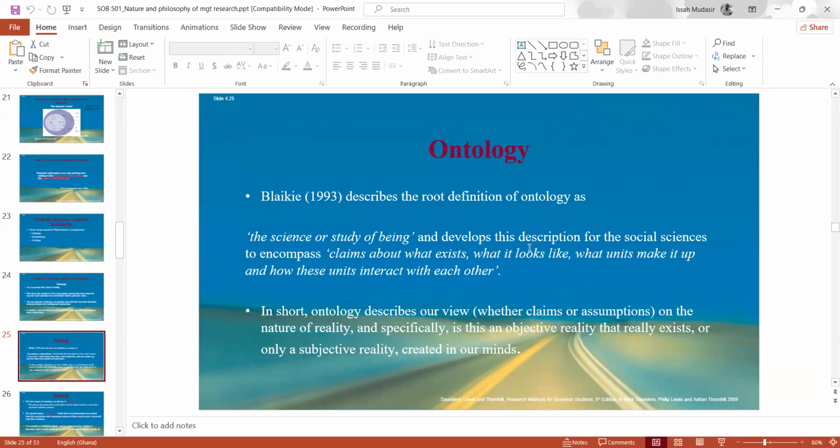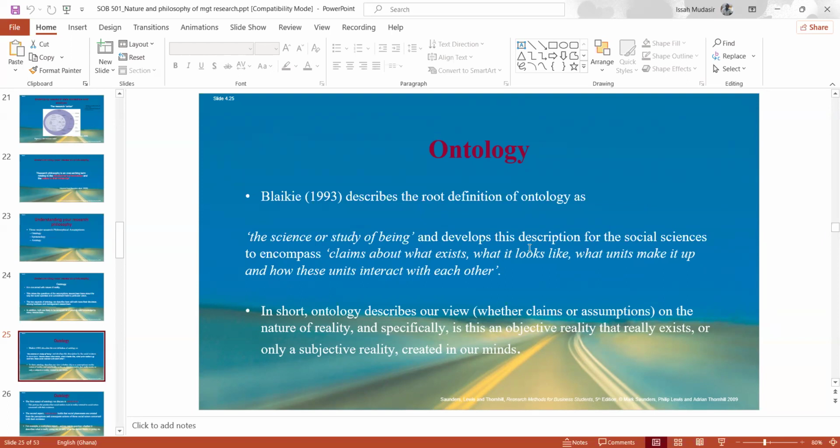Then they are what we call the subjectivist ontology. So you have to decide where you belong. It is very easy at the level of ontology to say that, no, for you, you are an objectivist. But as we move further, you see that some of you will be moving towards subjectivist thinking.